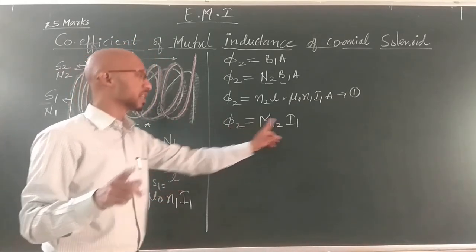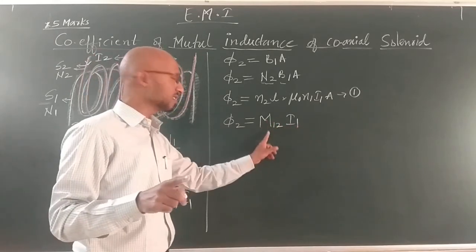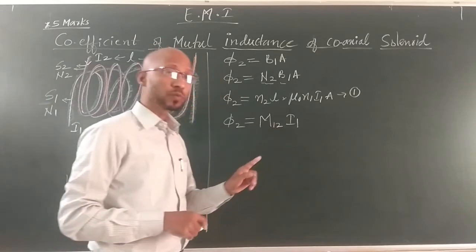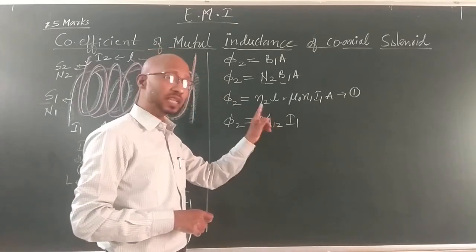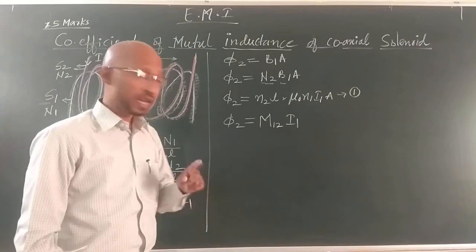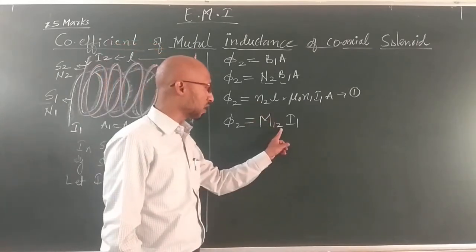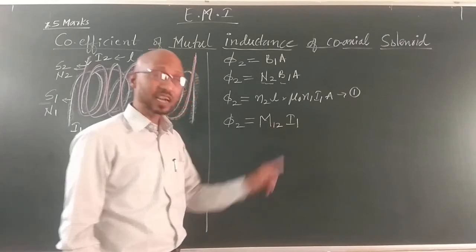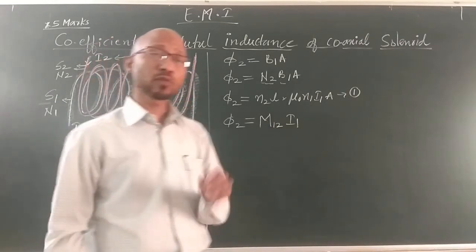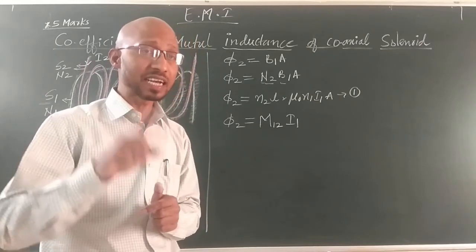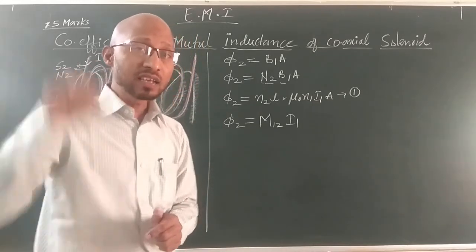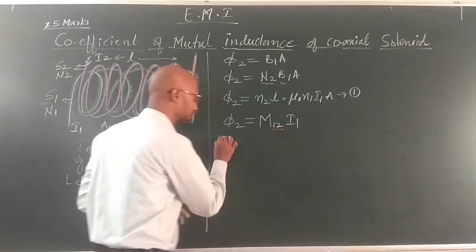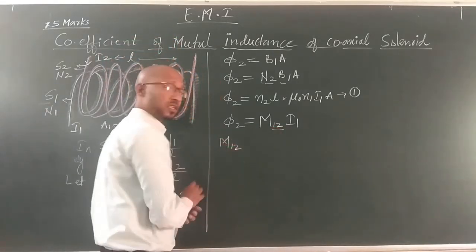The subscript 2 is written here, and 1 is written here. This M is a constant of proportionality. What does it indicate? It is the mutual inductance of the second solenoid with respect to the first solenoid. Whatever amount of mutual inductance is generated in the second solenoid is with respect to the first solenoid, which is why I have written the subscript here. So what does this constant M12 represent?